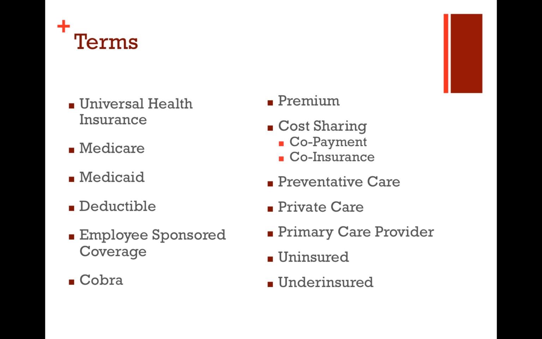Either the deductibles are such that they can't afford it, the coinsurance is high, the cost sharing is too high, and in some cases, because this tends to be more for low and middle wage individuals, it may be because taking time off work to see a doctor means that they're losing pay because they do not have sick time or they're hourly wage workers. And so going to a doctor means that they lose perhaps half a day of pay on top of high deductibles and high cost sharing.